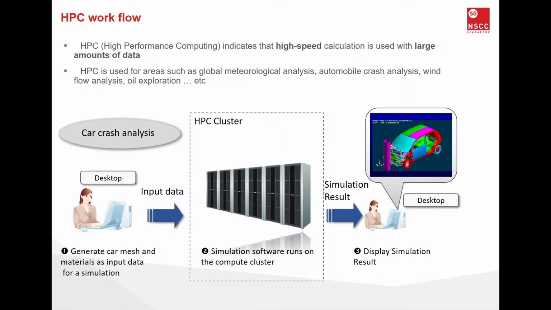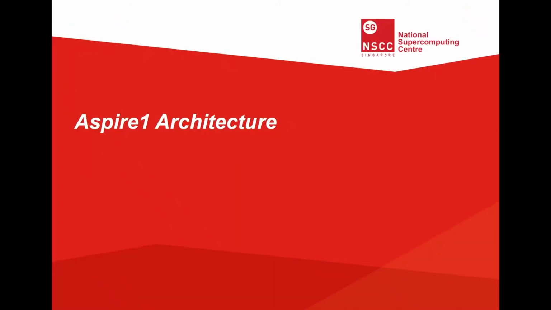I'm sorry, some of these concepts might be pretty new to some of the users. However, it is very important to understand these concepts to make good use of high performance computing systems. Let's jump into the Aspire 1 architecture.